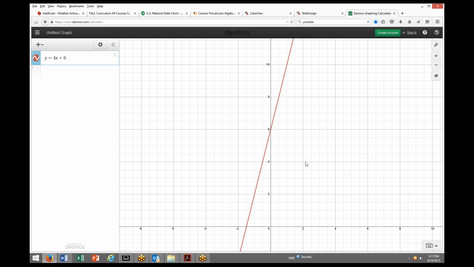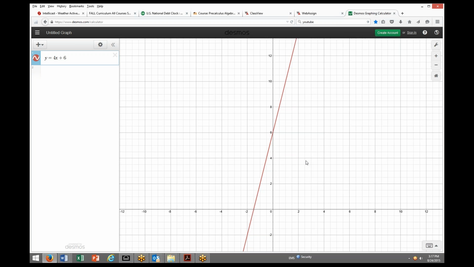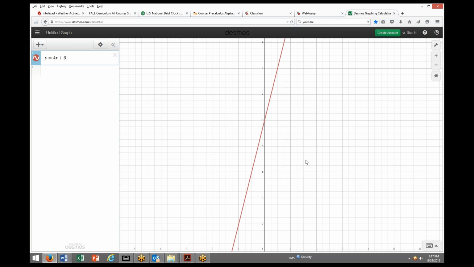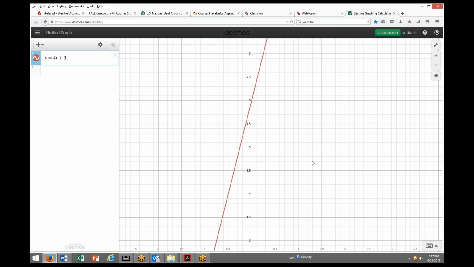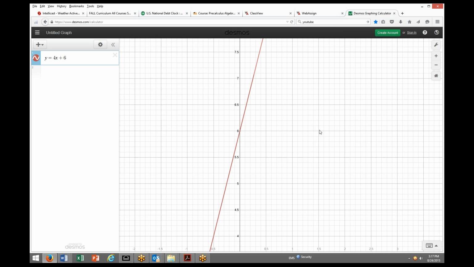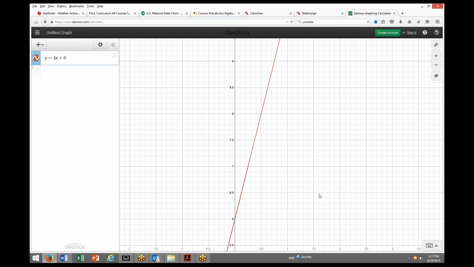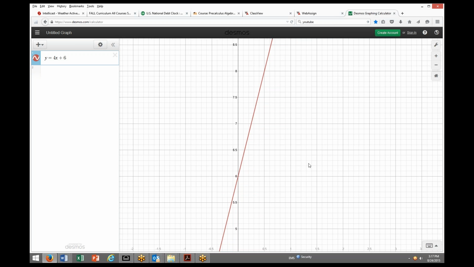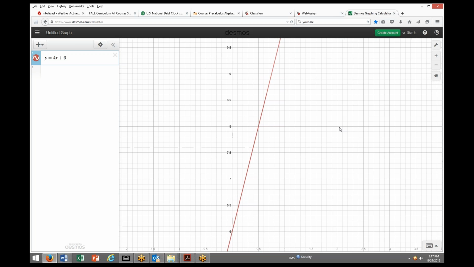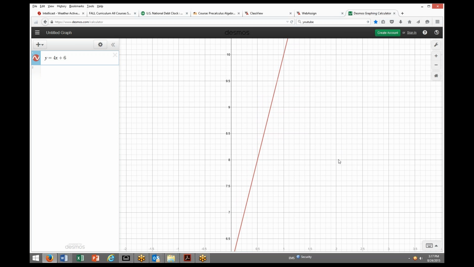And I'm going to change the scale now by rotating the little turning wheel on the top of my mouse. I'm going to change this out farther so we can see this a little bit better. Now, if you can barely see at the bottom, the x equals 1 point is still indicated at the bottom there.